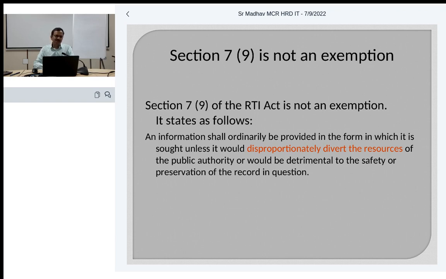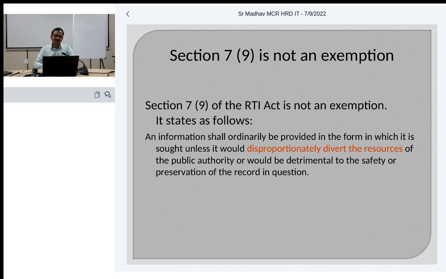But in some cases, they are not available, and the PIO or the public authority has to spend some resources. If it falls under the ambit of Section 7.9, where it does disproportionately divert their resources, then they can advise the applicant to accept information in a different format.